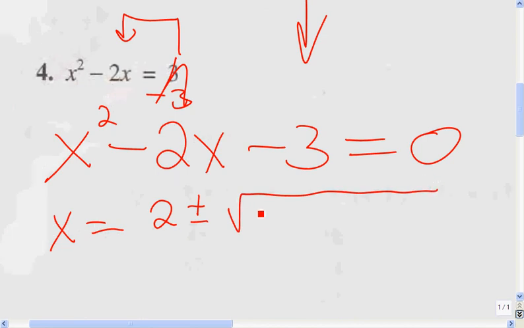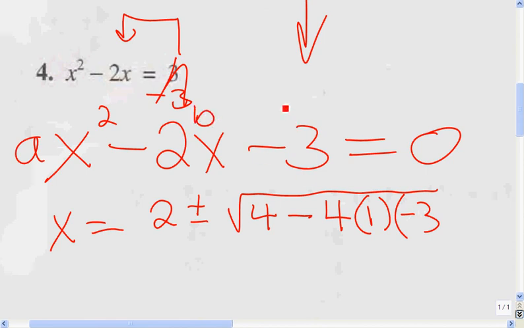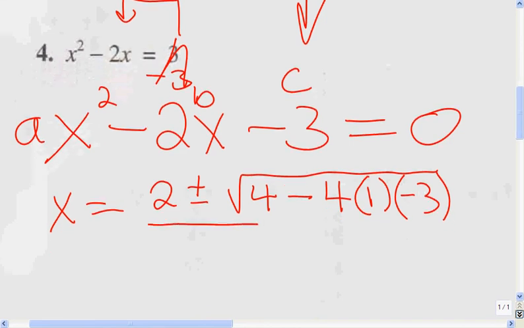Negative 2 times a negative 2 is 4, so I'll put a 4 here, minus 4 times ac. So a is 1, 2 is b, and negative 3 is c. Over 2a, which is 2 times 1.